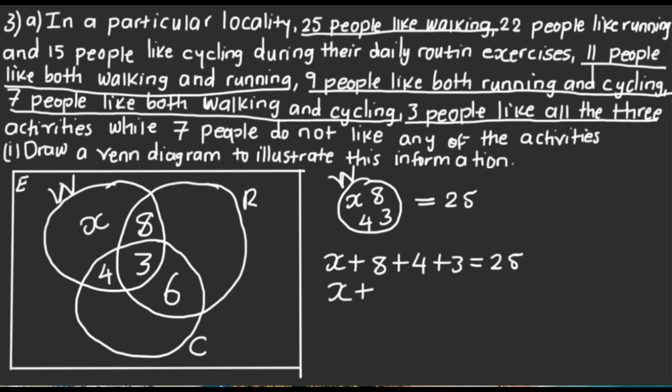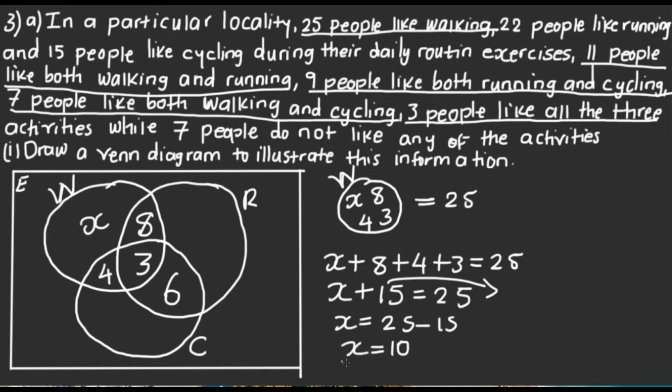So I have X plus 8 plus 4, which is 12. 12 plus 3 we have 15 is equal to 25. Then I can shift my 15 to the right side, giving me 25 minus 15. Then my x is equal to 10. So the value of x is 10.